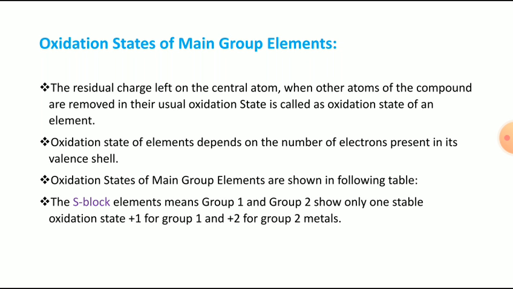The group 1 elements are hydrogen, lithium, sodium, potassium, rubidium and cesium. These elements show +1 oxidation state. Group 2 elements are beryllium, magnesium, calcium, strontium and barium. These elements show +2 oxidation state.